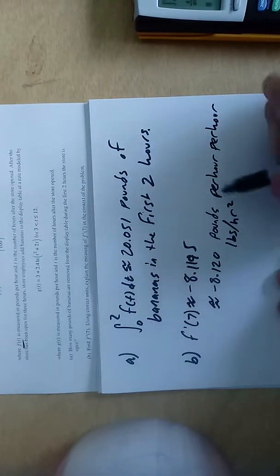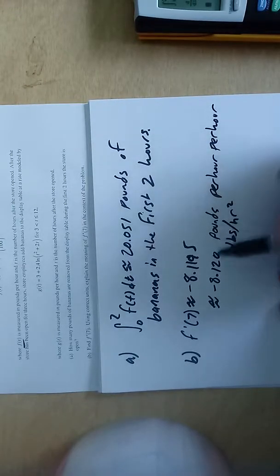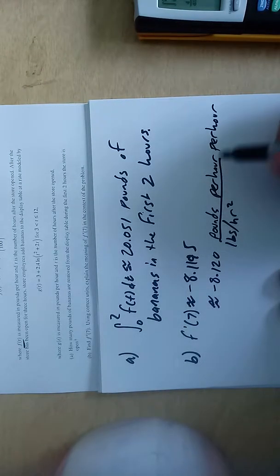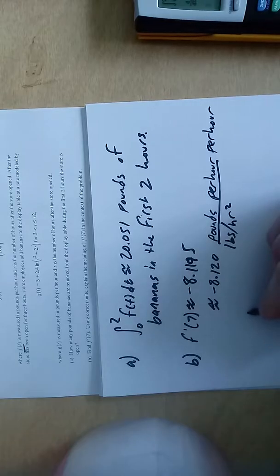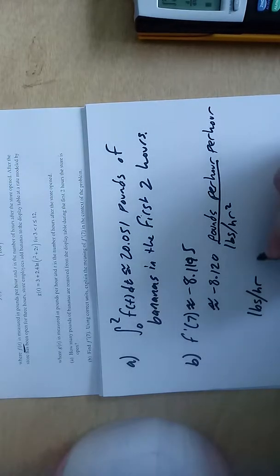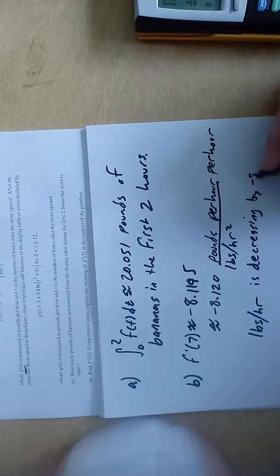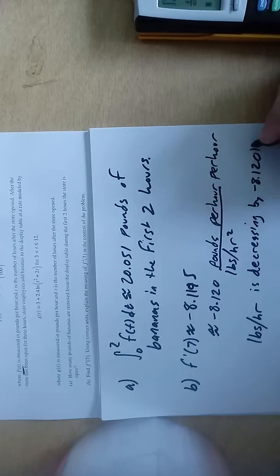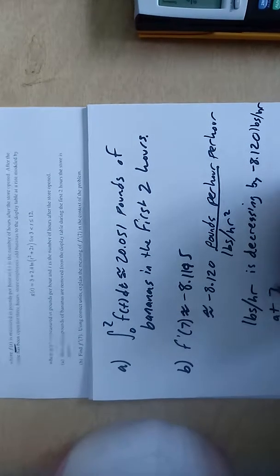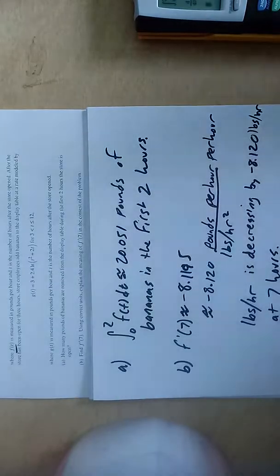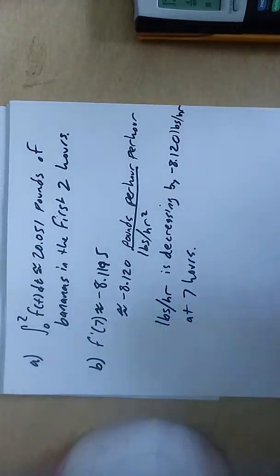And so if we're trying to explain this, we could say that the pounds per hour is decreasing by negative 8.120 pounds per hour at 7 hours. I'm just going to double check with the answer and see if that's good.